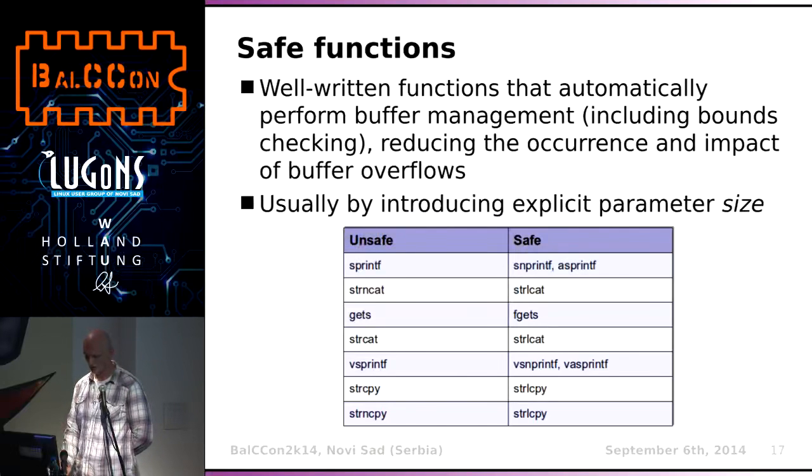So the difference between string copy and string L copy will be the size parameter. So what it does, you give the size of the buffer to this safe function along with other parameters, and there is no way how you will be able to overflow the buffer, because the function itself won't copy anything more than the size itself.